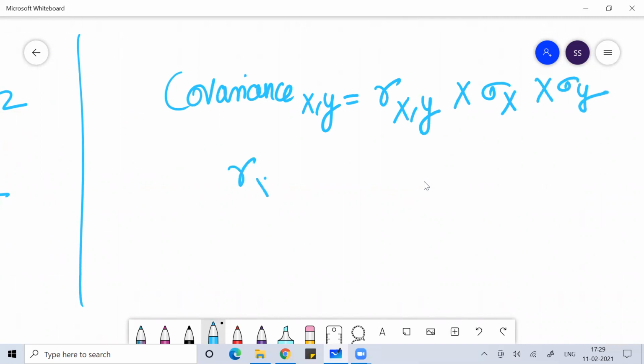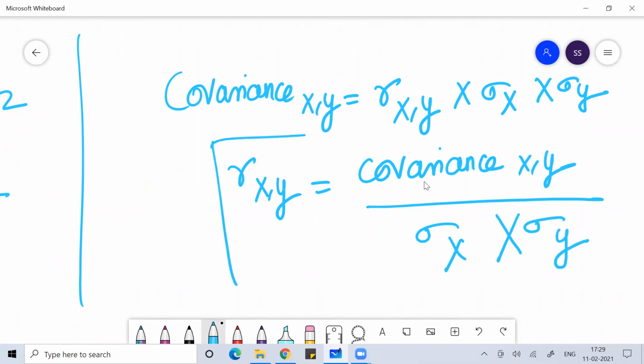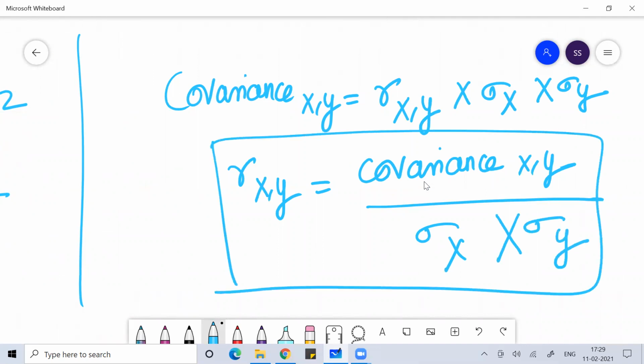So I can find the r value: r of xy is equal to covariance between x and y divided by standard deviation of x into standard deviation of y. Ultimately this is the relation between coefficient of correlation, covariance, and standard deviation.